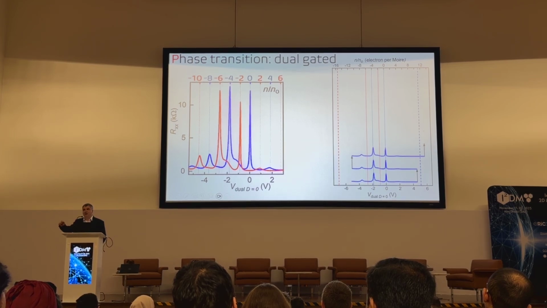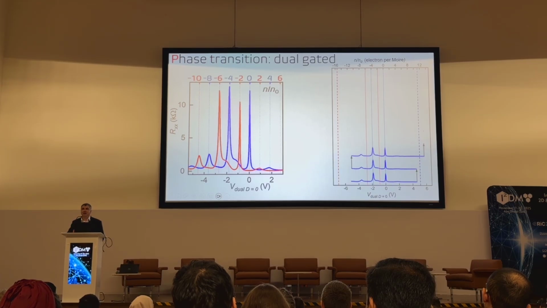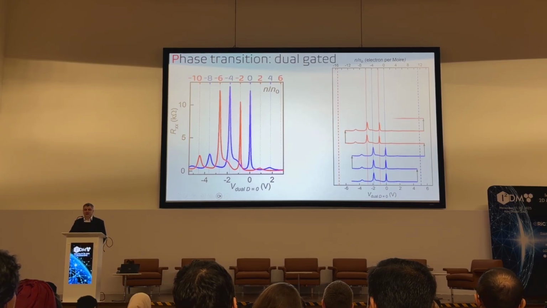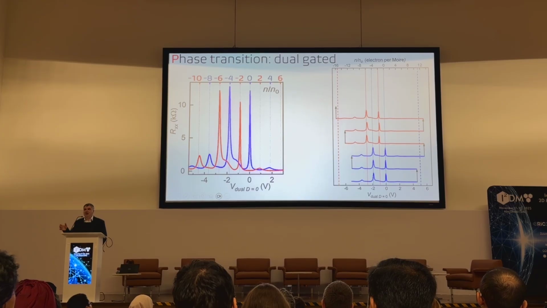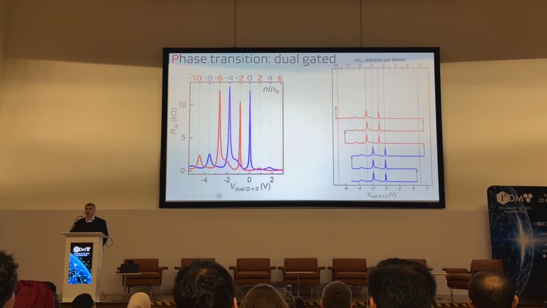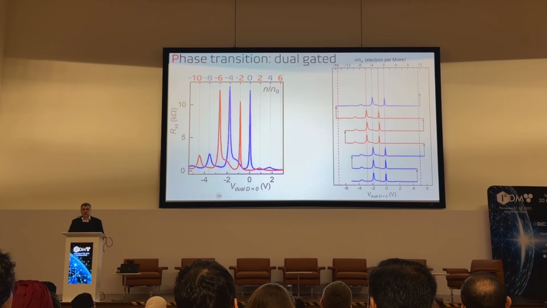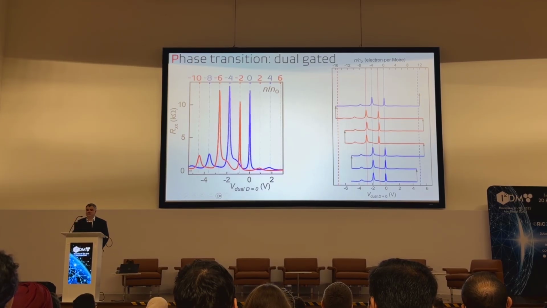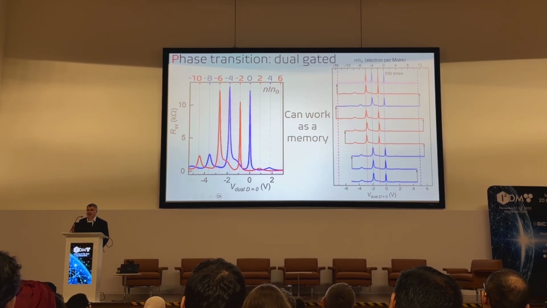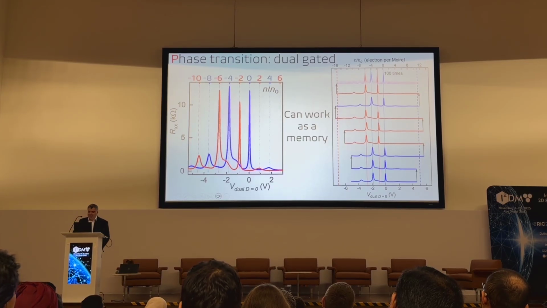But if you go above a threshold, if you do n-type doping above a certain threshold, suddenly a phase transition happens, and again it will be a stable phase, and your system is stuck there. But then you go to the negative voltage, and you switch back into the original state, and then you can do this switching back and forth multiple times, so it just works like clockwork.